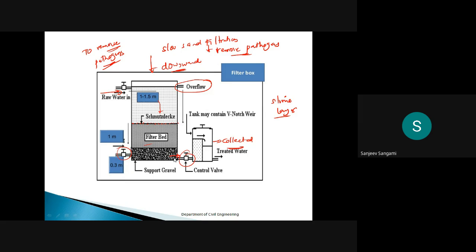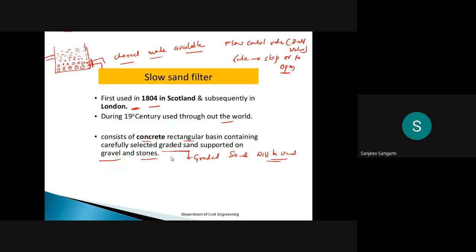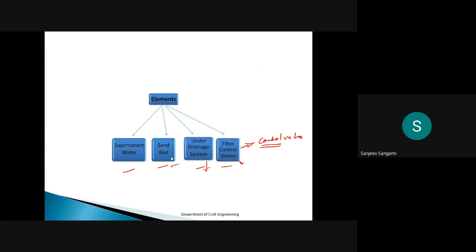In the previous class, we were discussing the rapid sand filtration process and the slow sand filtration process. In the slow sand filtration process, we discussed the working principle, how exactly it is designed, and what the components are.